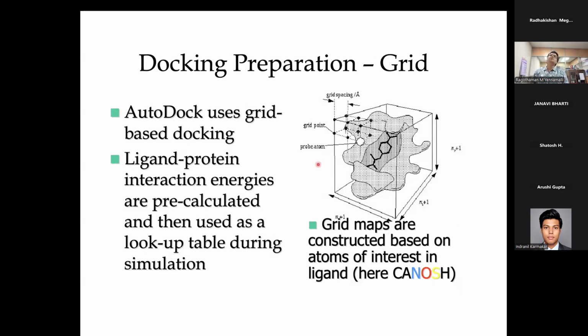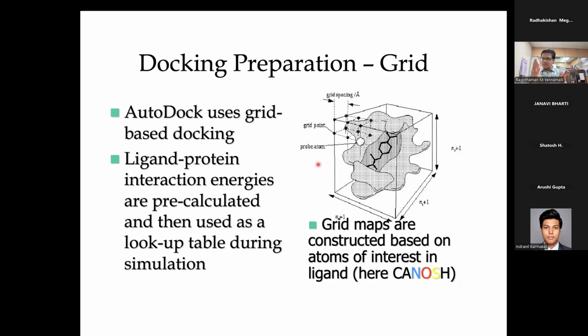In the case of AutoDock, the first step, after you process the files and have them ready in the required format, which we will cover in the demo shortly, is to create a grid. The grid is three-dimensional in shape.